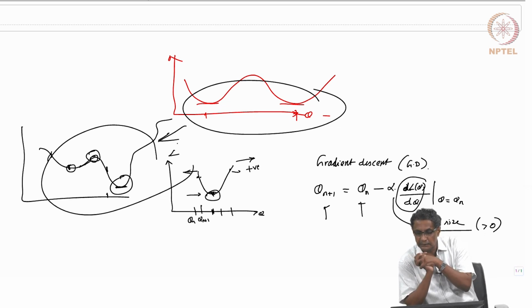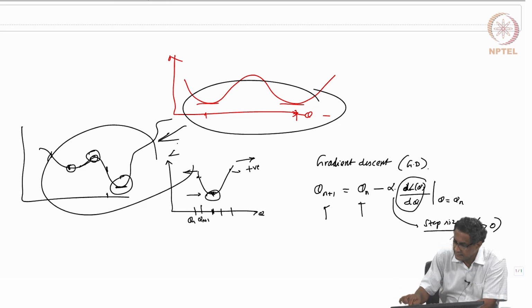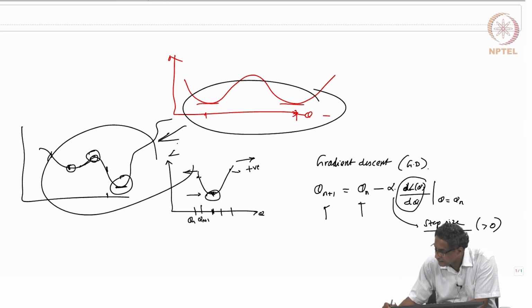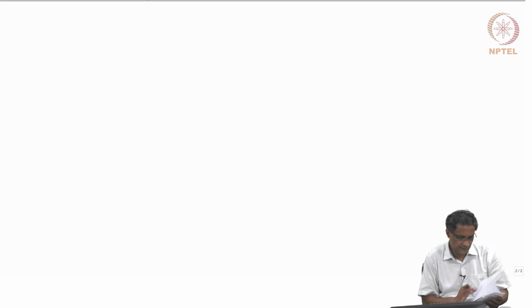Now one wonders, so let me first write down the pros and cons, then I'll come back to this equation. So let me simply list the pros and cons of gradient descent.